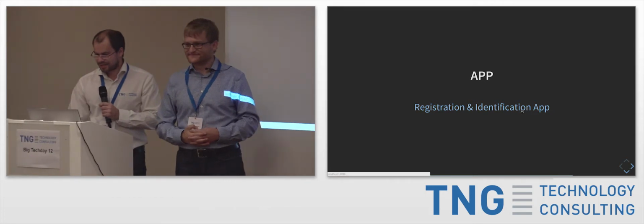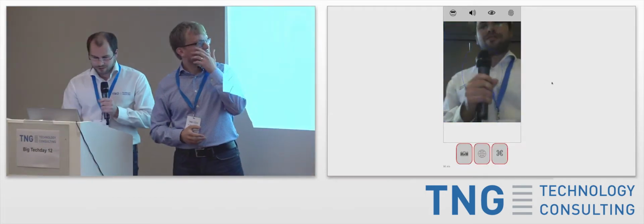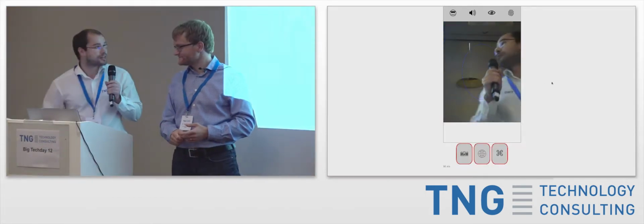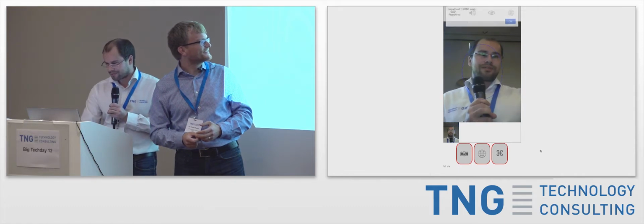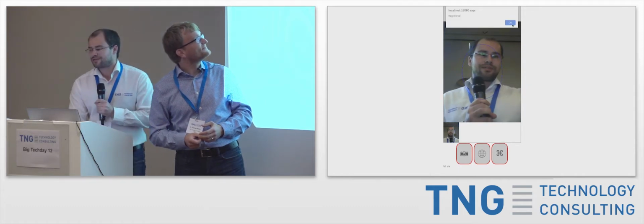So let's play around with the identification app. First of all, we said this must run on a mobile device, so we wrote a little web app for it. And now I could just put my face into where it belongs. Then I can hopefully register myself, and the service is running and registered me.